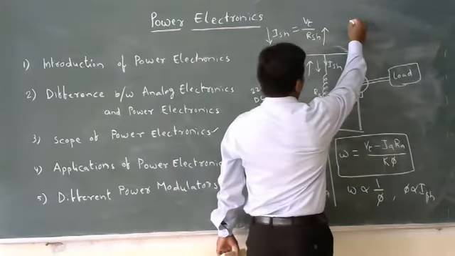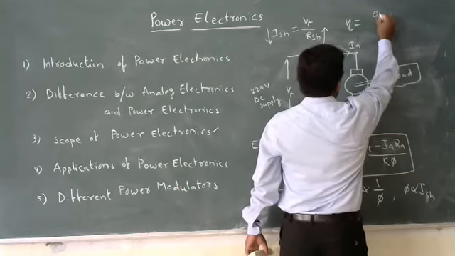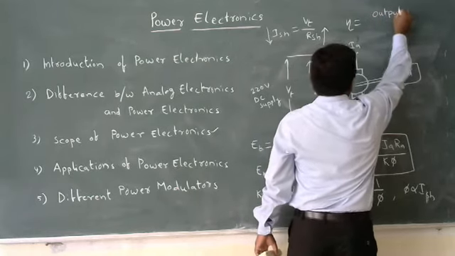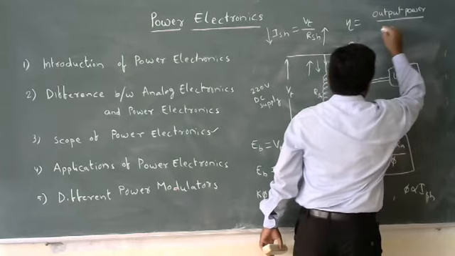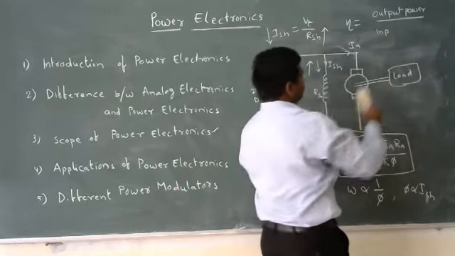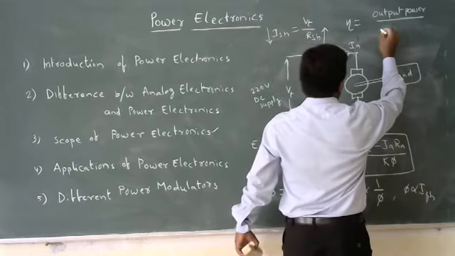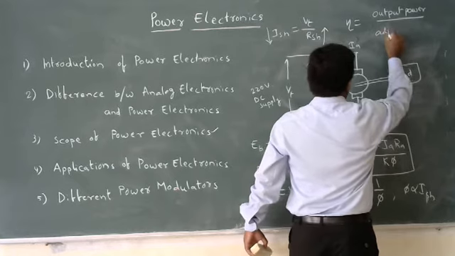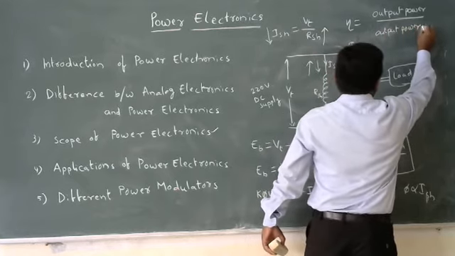As we know, the efficiency equation is output power upon input power. When we write the input power in terms of output power plus losses, it is output power plus losses.